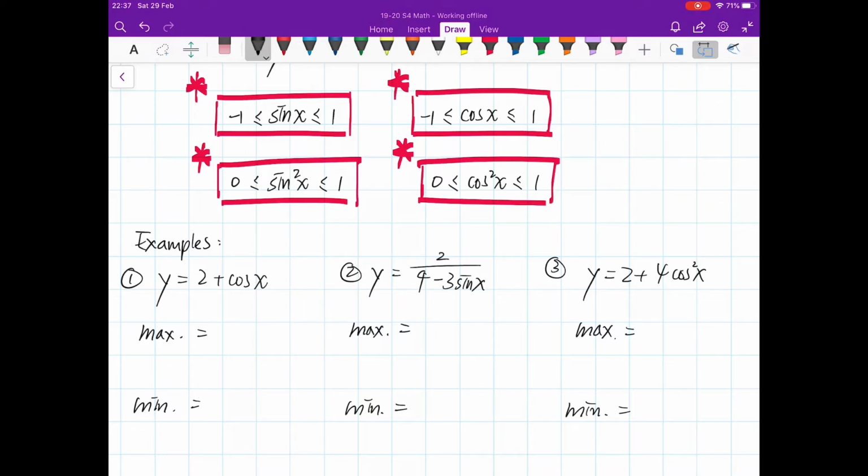Okay, so for question 1, that means we have to substitute a number in cosine x in order to find the maximum and the minimum.